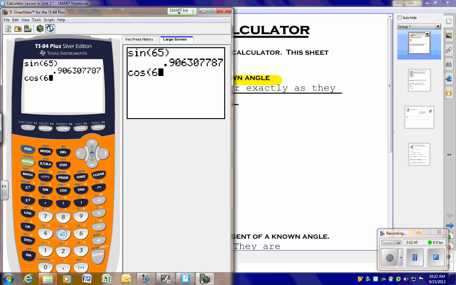Cosine of 65 was the next question. Tangent 65 was the third question.